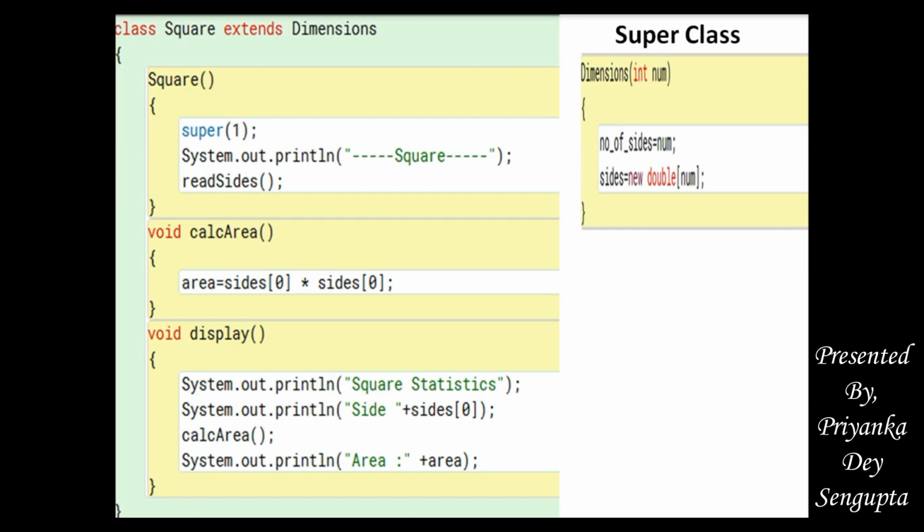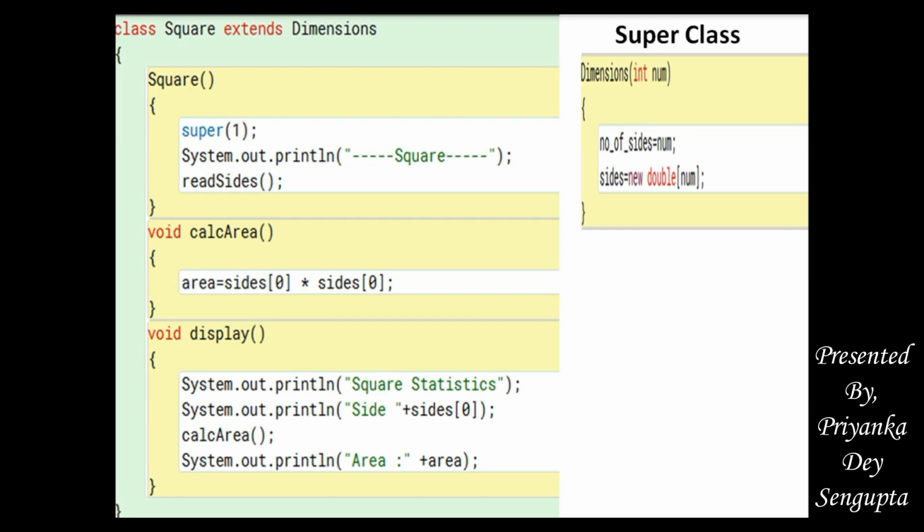The superclass constructor is called using the keyword super. We wrote super within bracket 1 because you see in the dimension constructor we have a single parameter of integer type. Though a square has 4 sides, the value of all the 4 sides is equal, so we are passing a single value to the num.